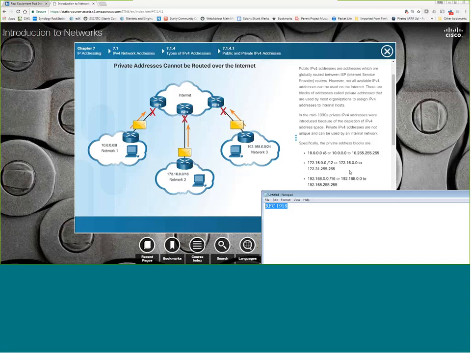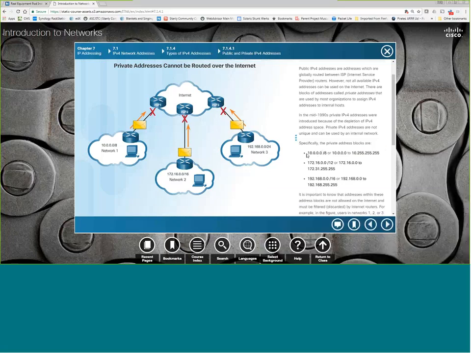The blocks that were set aside are the 10.0.0.0/8 Class A network; the 172.16 to 172.31, or /12, which is 16.0.0 to 31.255.255, so a group of what are called Class B networks; and then the entire set of 255 Class Cs of the 192.168.0.0 range.